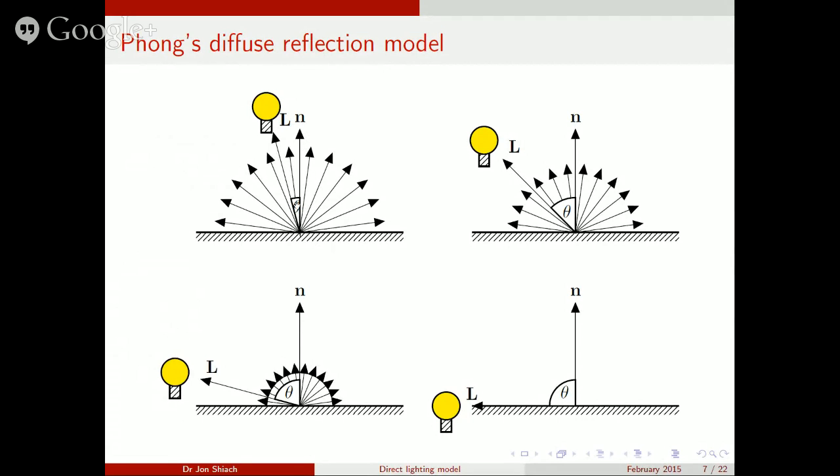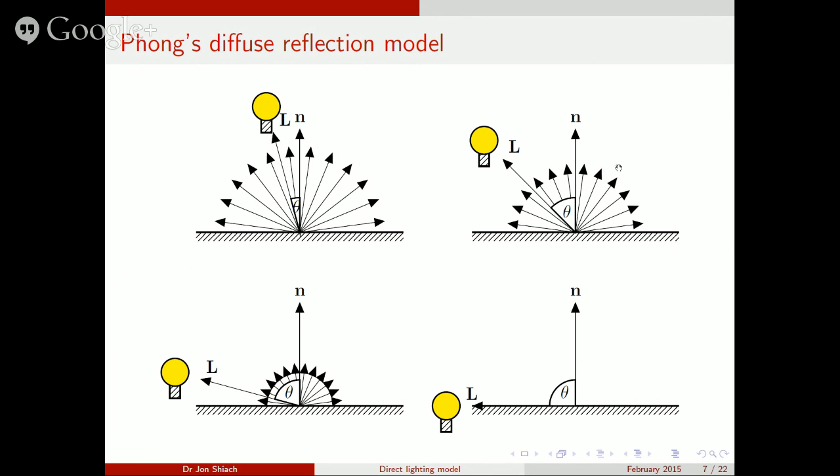When this angle is quite small, the length of the vectors of the reflected rays is quite large. So when you're looking at a surface face on, the diffuse reflection is quite large. As the angle between the light source vector and the normal vector increases, theta is increasing, we're reducing the size of the reflected rays.